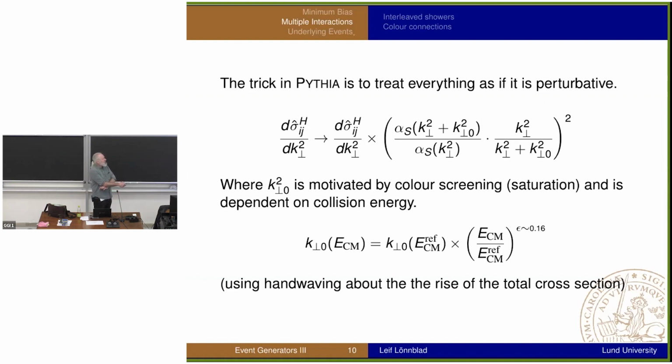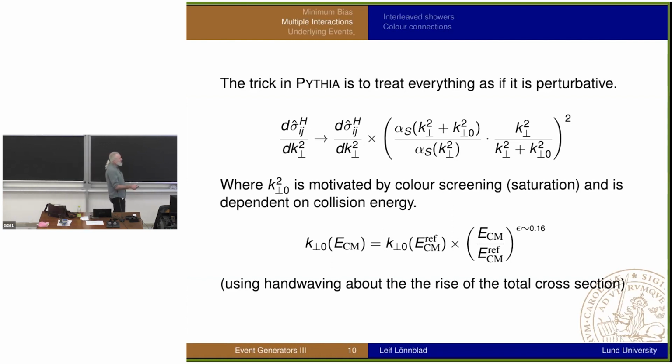So you put in a soft scale in the alpha S and a soft scale in the denominator. So this takes out the KT to the fourth here. This takes out the alpha S in this guy. So if you have a dampening factor for small KT, you get something like this.